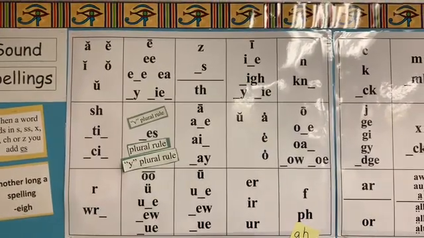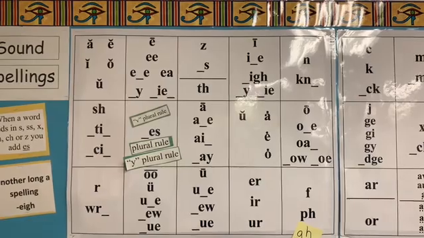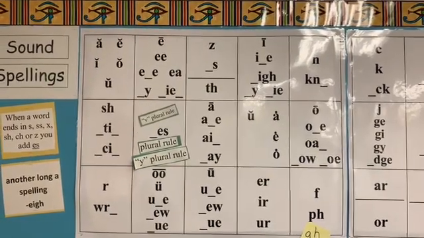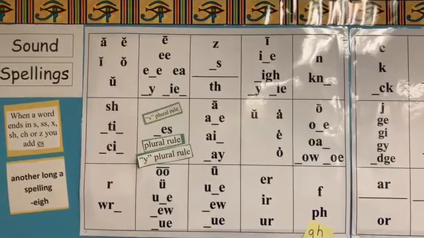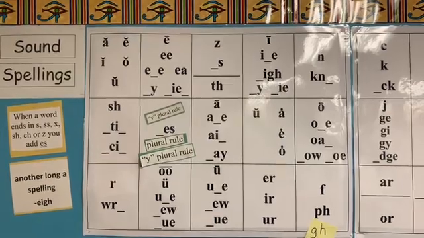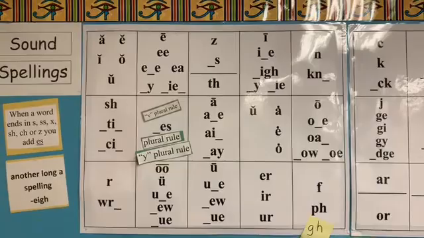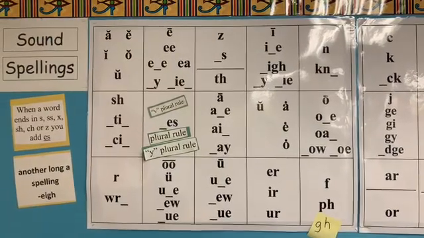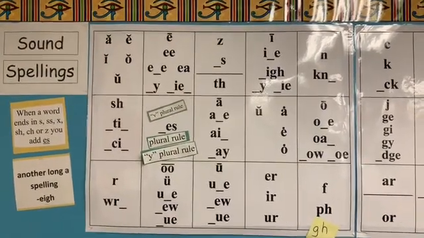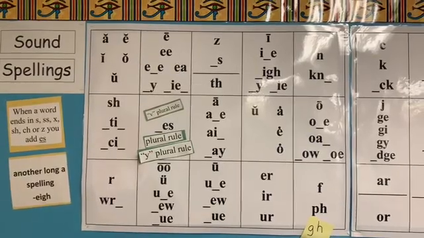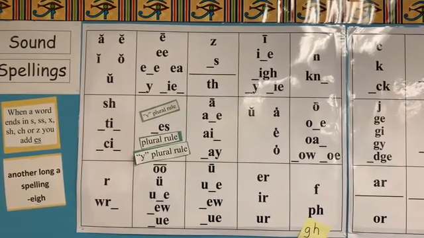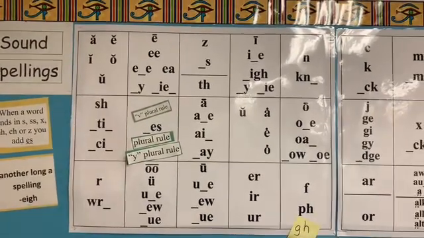Sound, I. Spellings, I mark, I blank E, blank I-G-H, blank Y, blank I-E. Sound, N. Spellings, N, K-N, blank. Sound, Sh. Spellings, S-H, blank, T-I, blank, blank, C-I, blank. V plural rule.